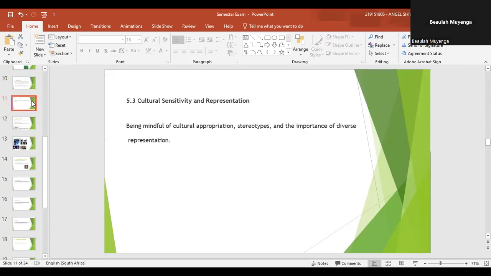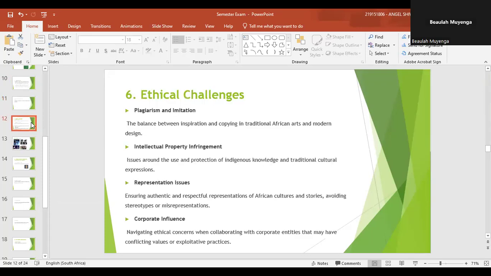The third one we'll discuss is cultural sensitivity and representation, being mindful of cultural appropriation, stereotypes, and the importance of diverse representations. All right.